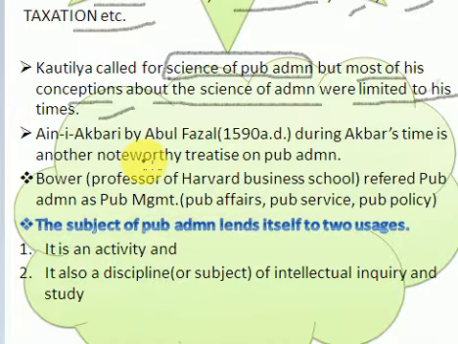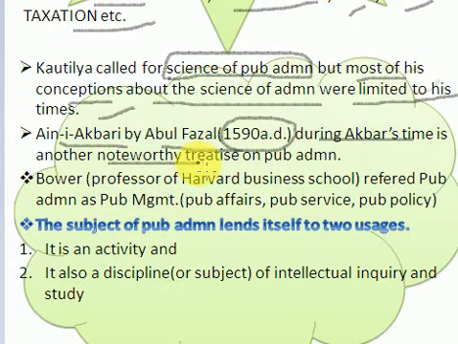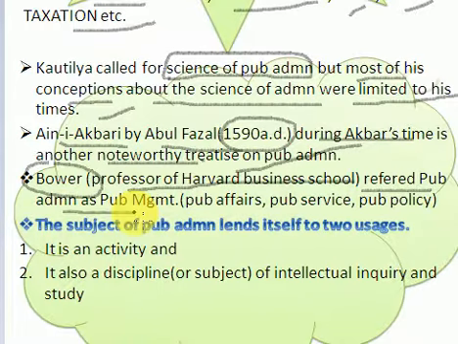Okay. After Kautilya's Arthashastra, Ain-i-Akbari by Abul Fazl came in 1590 AD during Akbar's reign, and it was also a noteworthy treatise on public administration. After all this, a scholar named Bower, a professor at Harvard Business School, referred to public administration as public management.